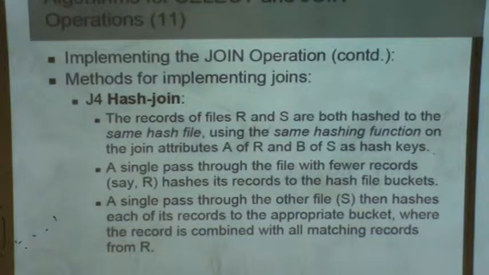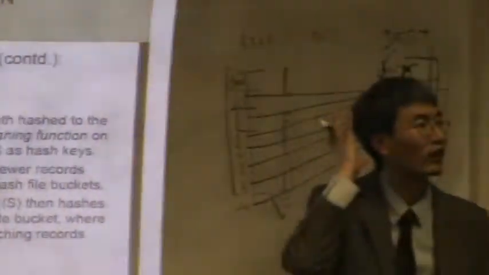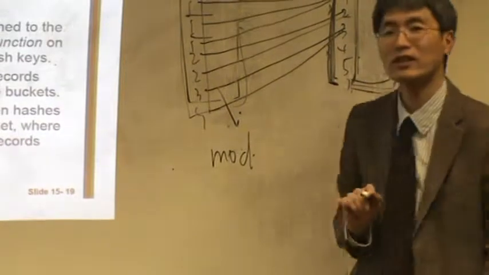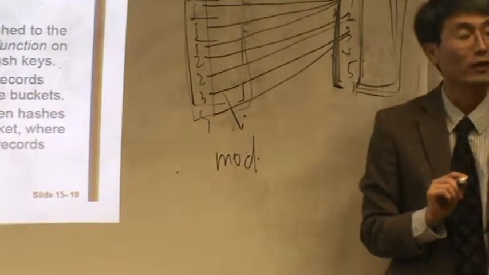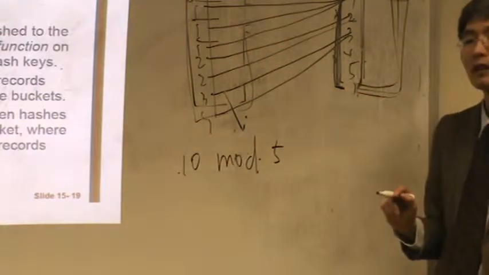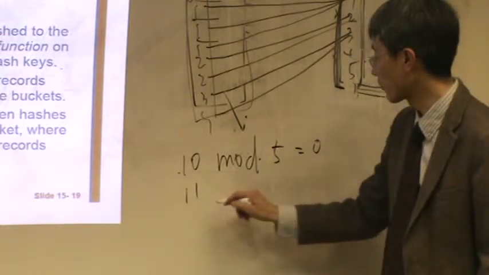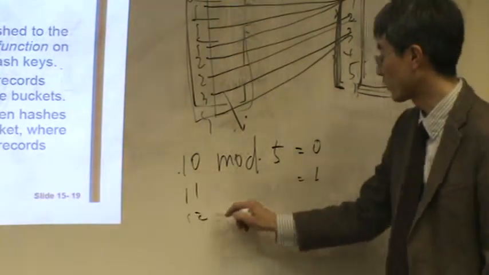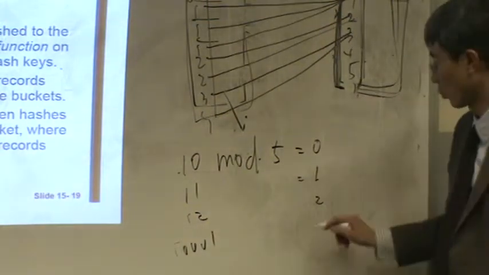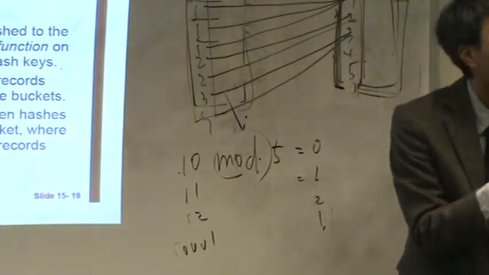Then, what is an example? Still, many students cannot imagine what a hash function or a hash key is. But if you see this one, you can easily understand. What is this? Modular. So 10 modular 5. What is that? 0. What about 11? 1. What about 12? 2. So modular is the most popular hash function.